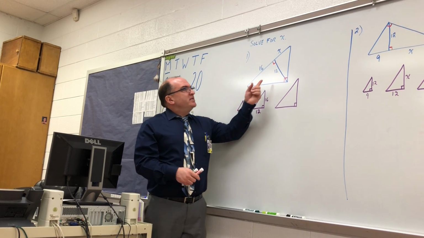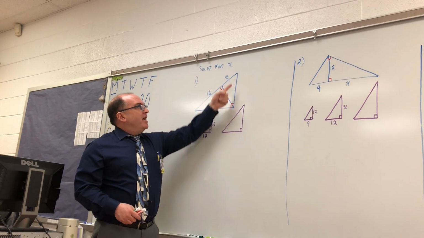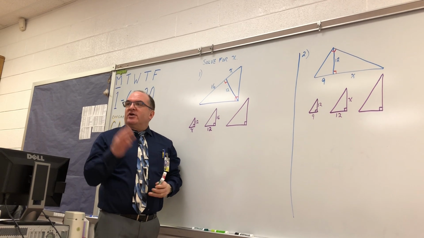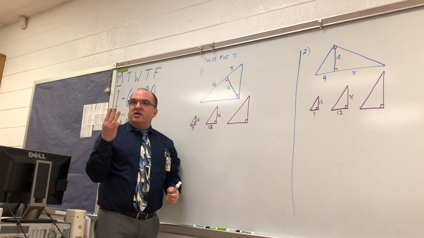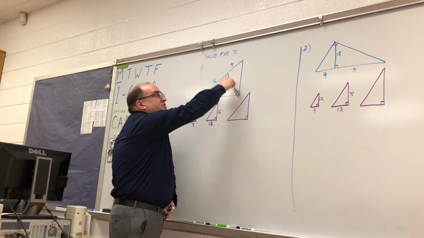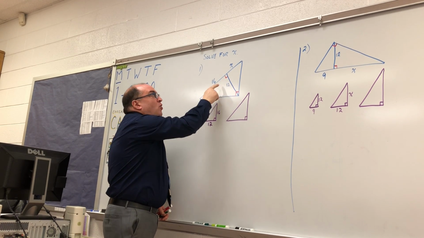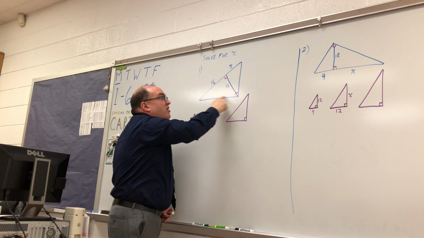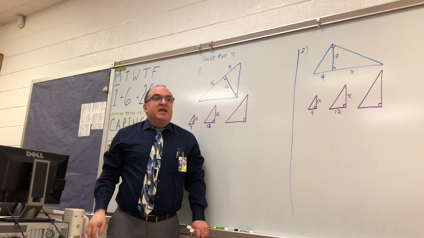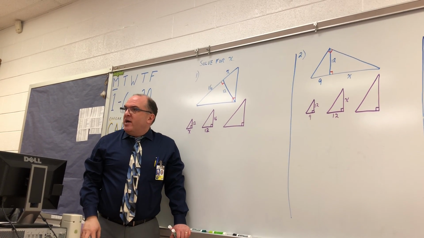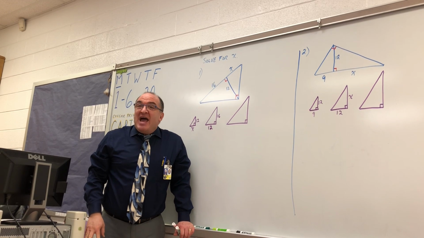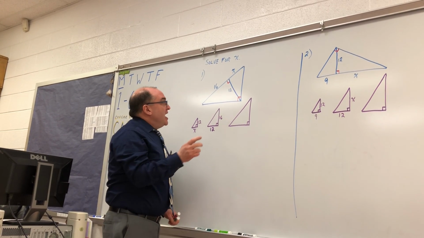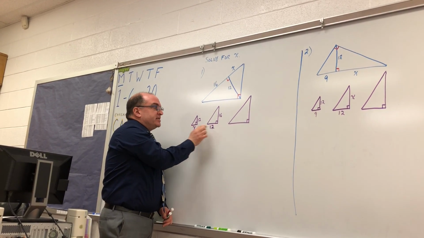Do you see this entire triangle here? Would you agree that there's 3 right triangles? Do you see one small right triangle, one medium-sized right triangle, and one big right triangle? Nod your head if you see what I'm talking about. In fact, I've drawn them next to each other.